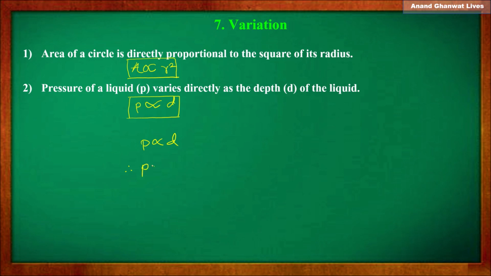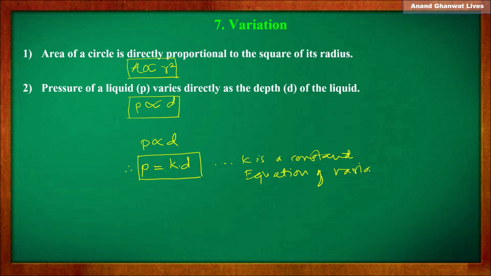P is equal to K into D is the equation of variation, where K is a constant. This equation can be written in another way: P upon D is equal to K. That is also another equation of variation. Do you understand all? Let us solve examples based on direct variation.